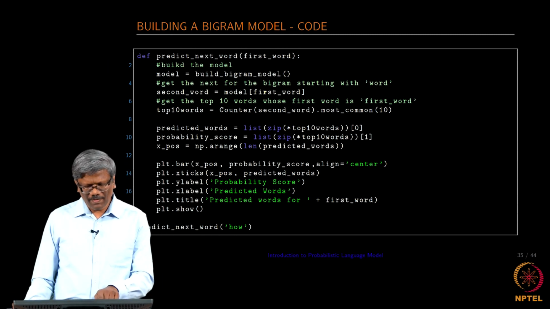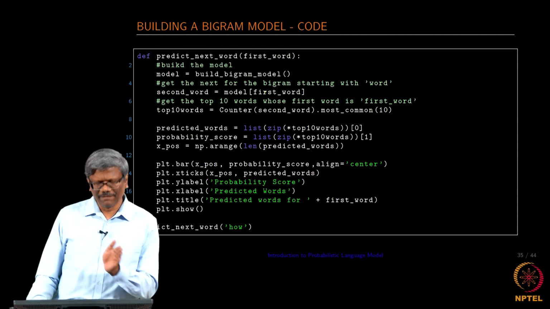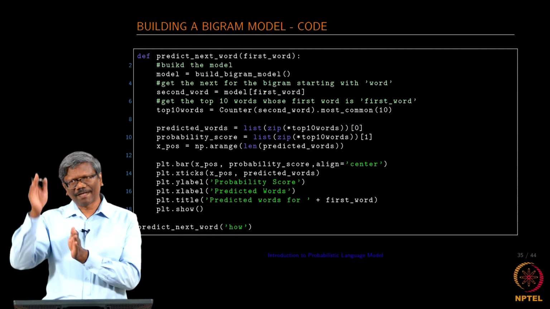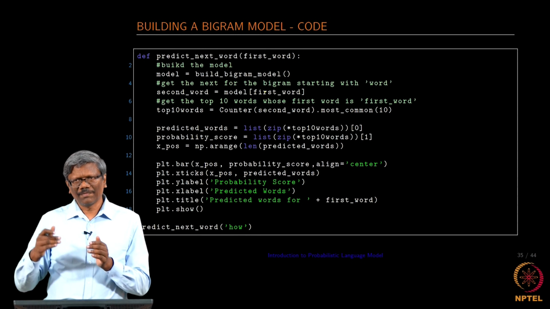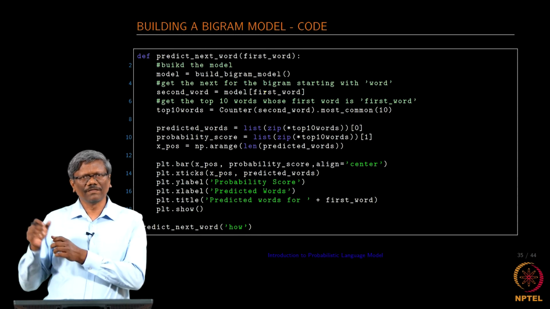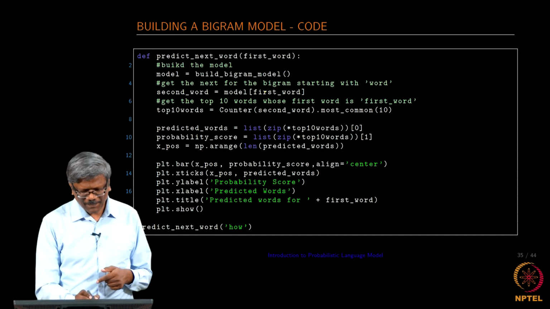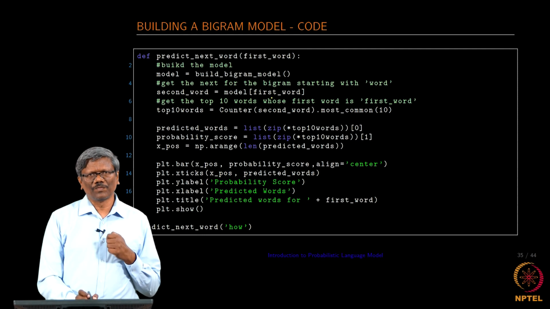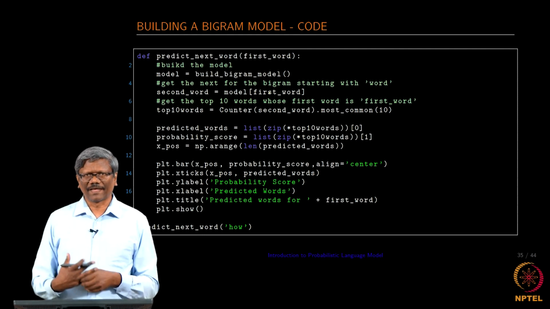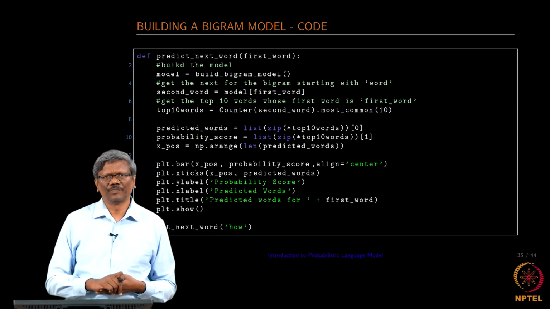So, this model contains the dictionary of all the words starting with the first word, and then it contains the second word with respect to the bigram, and it also provides you the probability of each one of those two words occurring together. So, when I pick up the first word and ask the model to give me all the second words with respect to the first one, it will give me a certain number of words.